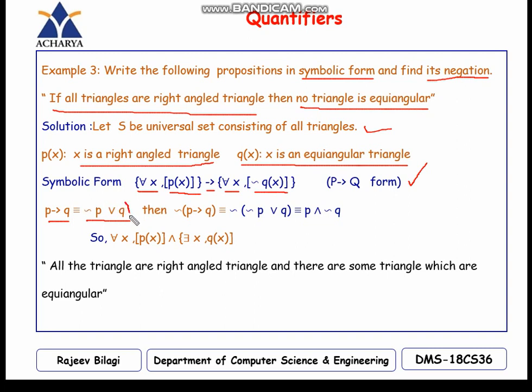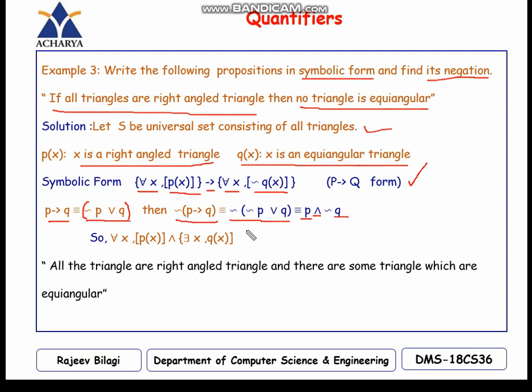I need to write down the negation of this. So negation of P then Q is logically equivalent to this. If you apply De Morgan's theorem here, negation of negation of P is P, and or becomes and, then negation of Q. So with this, what is the statement?